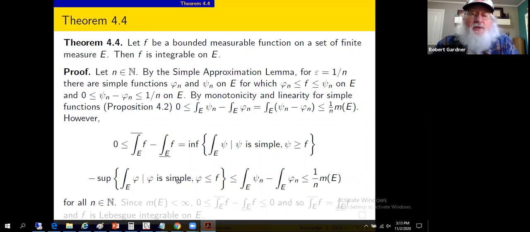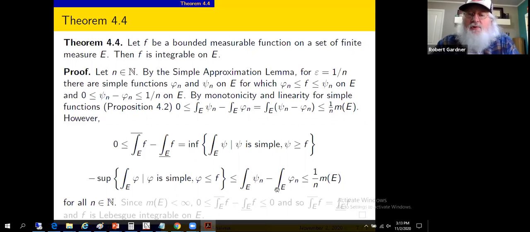Here we were taking a sup of this collection of numbers, and we've chosen a particular number in that set. Well, a sup is greater than or equal to one of the elements of this set. Oh, wait, there's a negative sign out front. So the negative of the sup is less than or equal to the negative of some element of the set. So we're good on the inequality. The negative sign saved us in the sup setting.